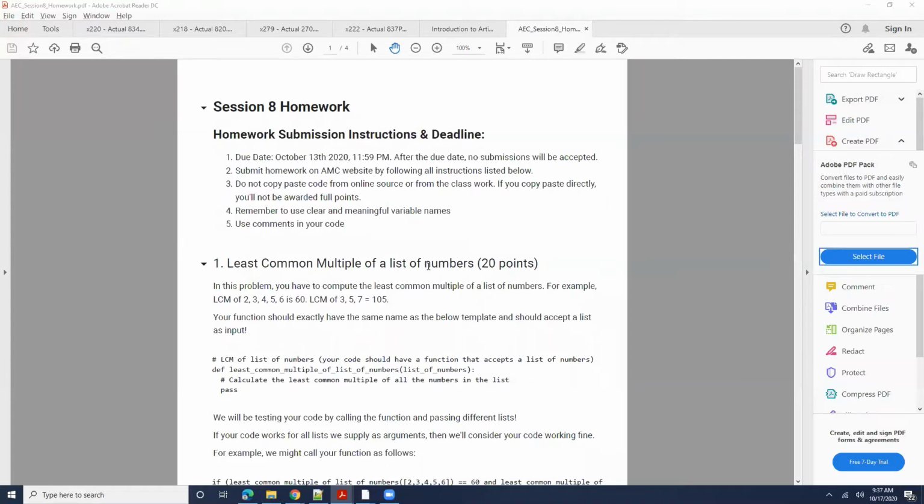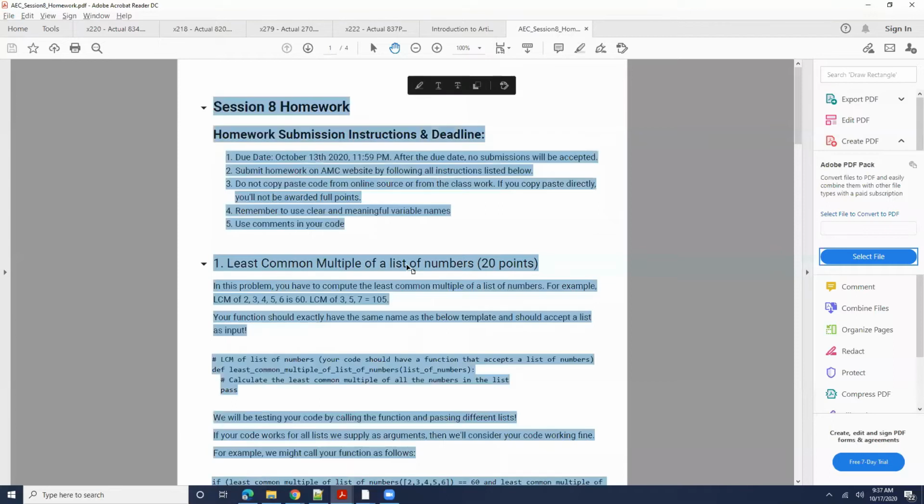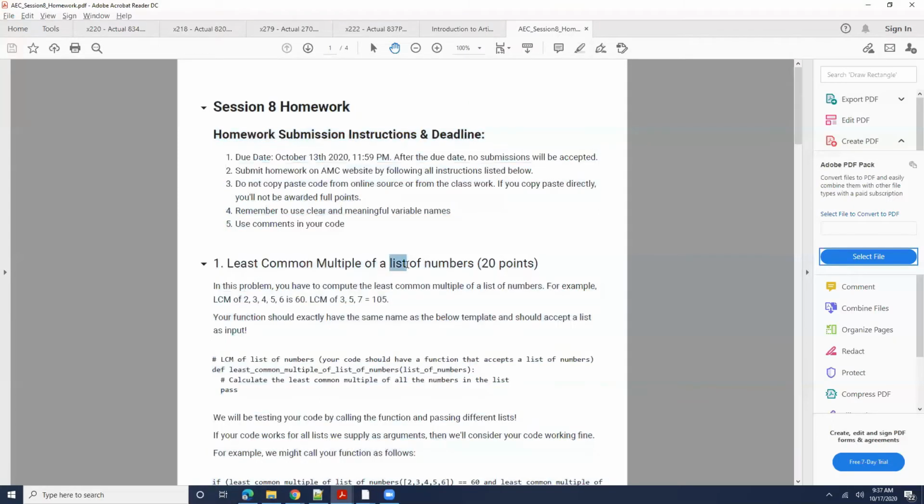So I defined a list containing the numbers 2, 3, 4, 5, and 6. After that, I used the range of the LCM.